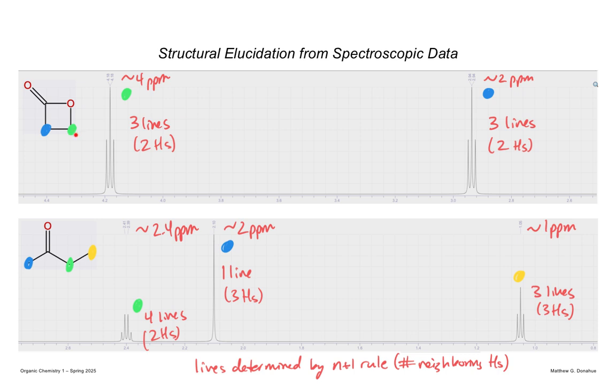You can do the same thing for the green dot. The oxygen has no hydrogens. This blue carbon has 2, so 2 plus 1 is 3. That's why you get 3 lines. If you think of it the other way, whenever you see a signal with 3 lines, it's telling you the number of neighbors is 2 hydrogens.